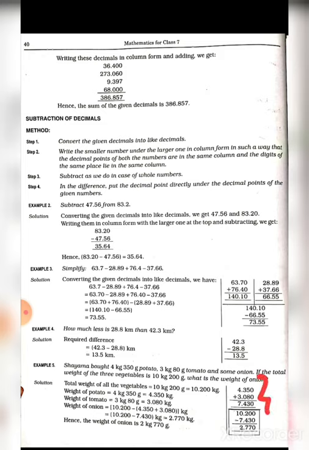You can also do in the same way. You can do the rough of any question on the right side of your copy. So the sum of these two, that is 4.350 and 3.080, has been found first, and then it is subtracted from the total vegetable, that is 10.200 kg.